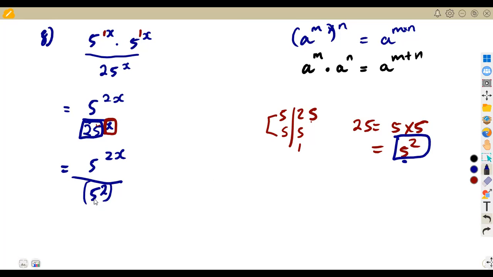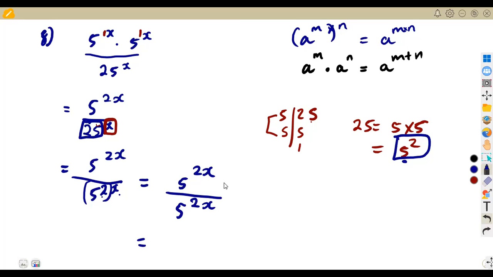But what about the exponent x that we had? We're going to have to write it aside here. So now you are back to the condition that you have an exponent and an exponent. You multiply them together. So that will be 5 to the exponent of 2 times x, which is 2x.